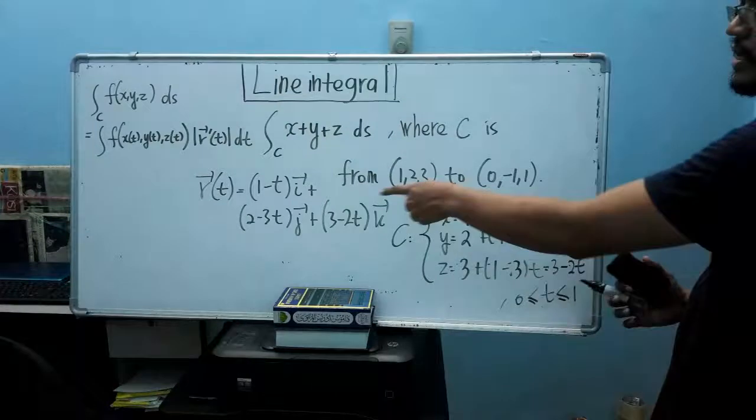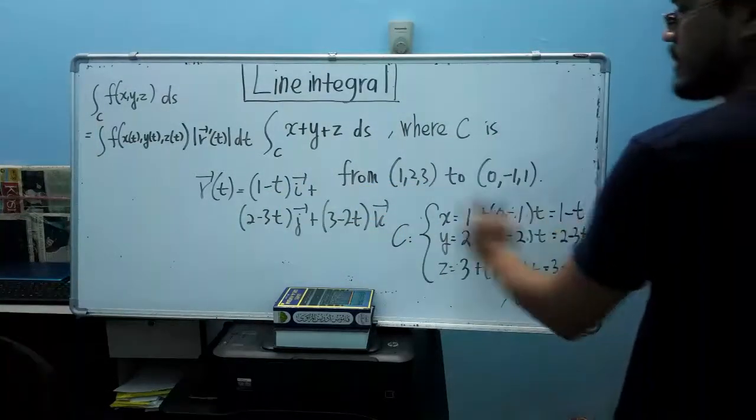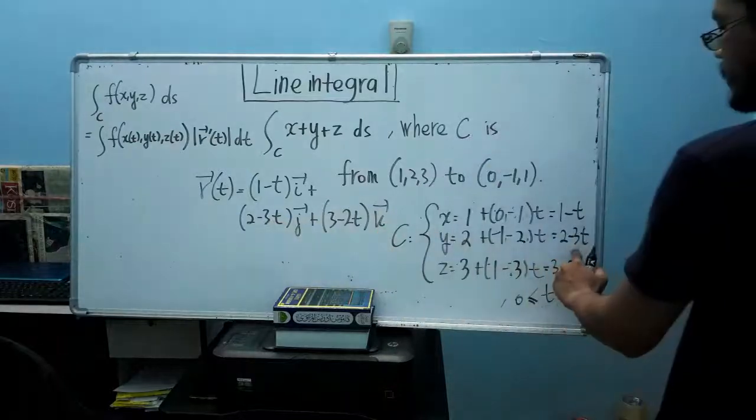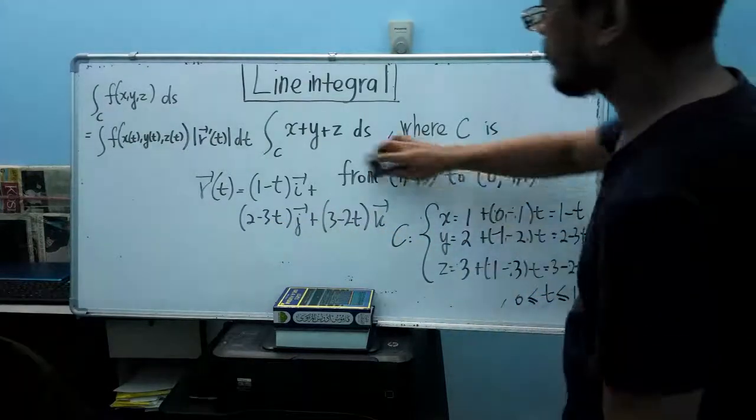So this is my r(t), where this one is my xt, this one is my yt, and this one is my zt.